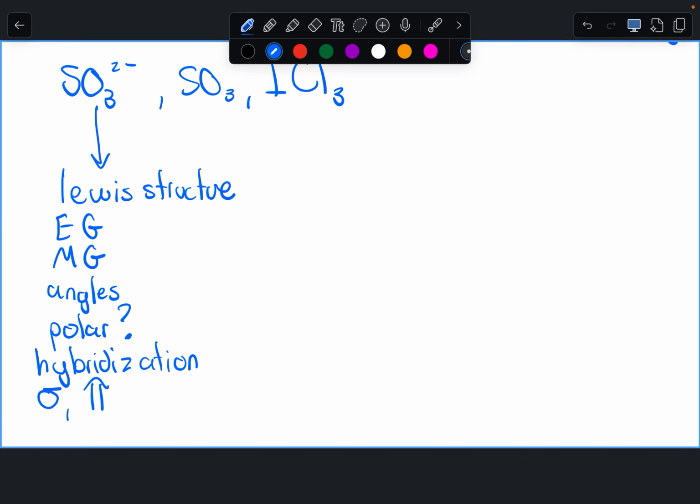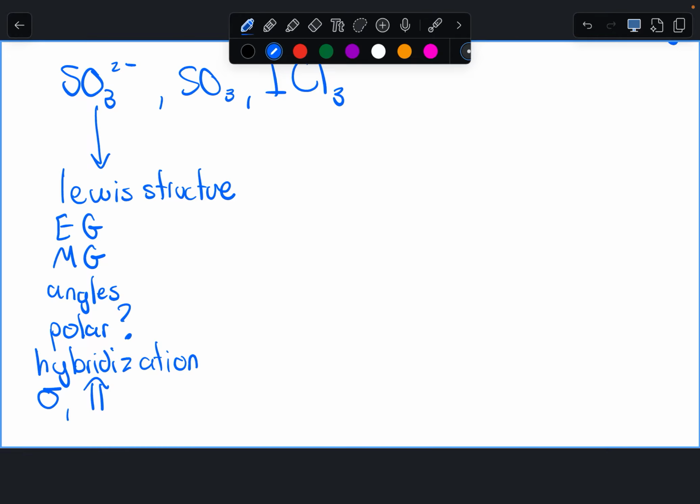If it was CO3 2 minus, it would look the same, because all of those are trigonal planar, so there's no lone pair, and they're all spaced equally around. So CO3 2 minus would be nonpolar, but because two of those groups are now hydrogen in CH2O, it would be polar, because they're not equivalent to each other. They're not the same amount of difference of charge.